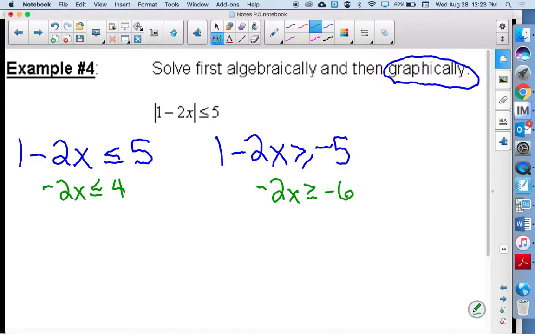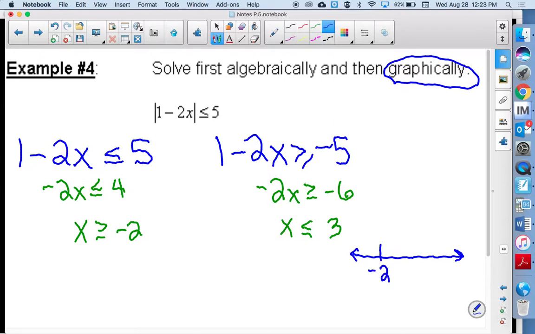Kenzie, what two x inequalities did you get? x is greater than or equal to negative 2, and x is less than or equal to 3. Good. Again, there you're flipping the sign a second time because you're dividing by a negative. So if you need to think of what the graph looks like, just make yourself a little number line. You don't even have to put tick marks on it. Put a negative 2, put the positive 3.